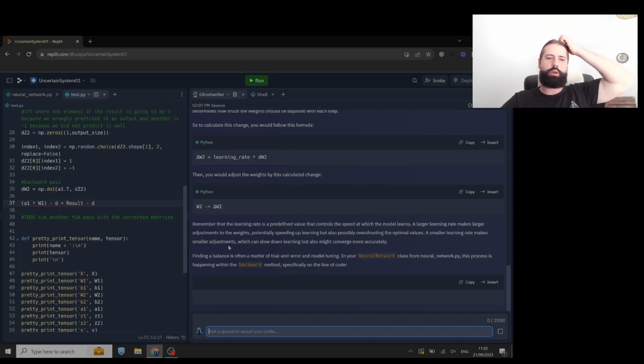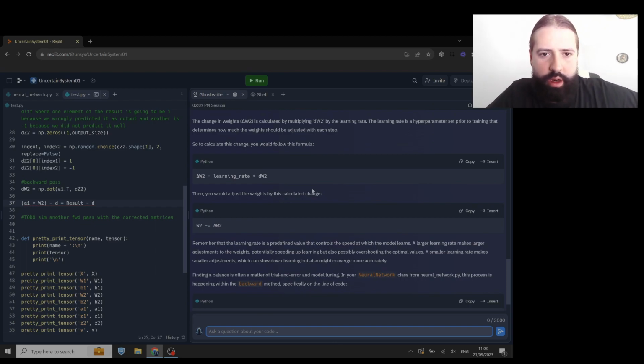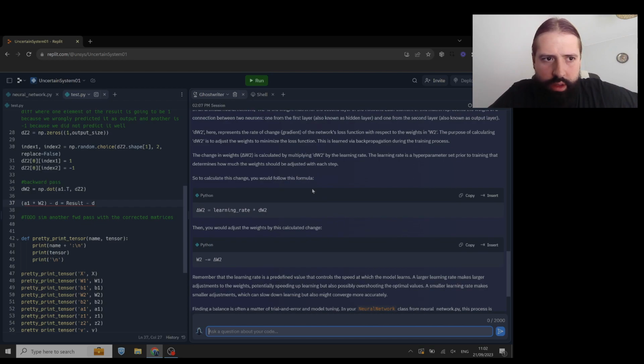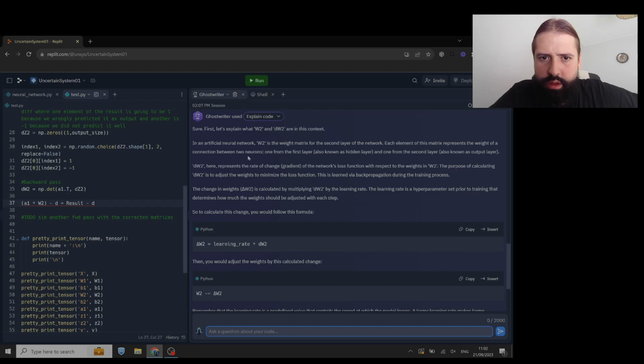Yeah, but you can't do that directly, right? Each element of this matrix is the weight of a connection between two neurons, one from the first layer and one from the second layer. The rate of change of the network's loss function with respect to the weights in W2. That's the problem.